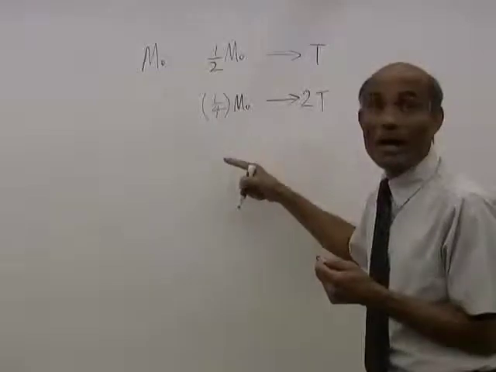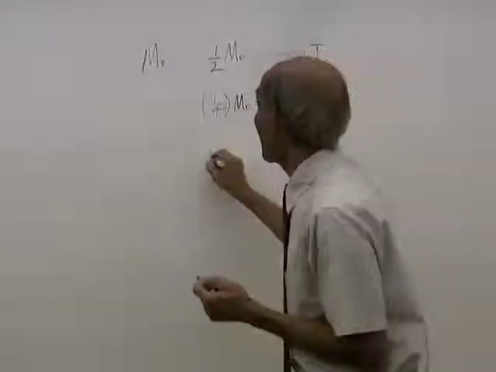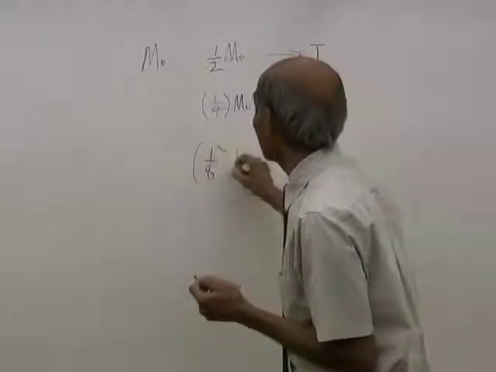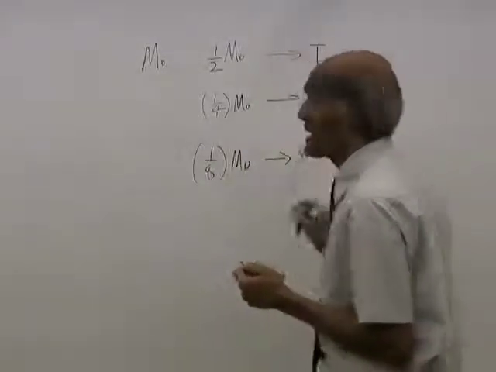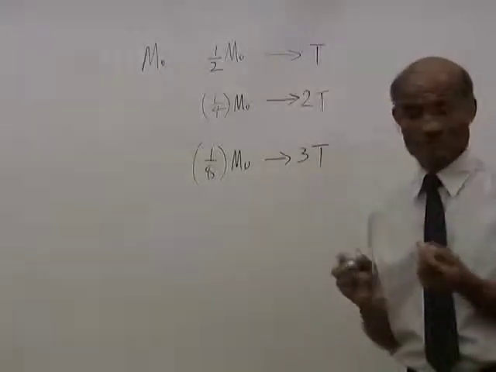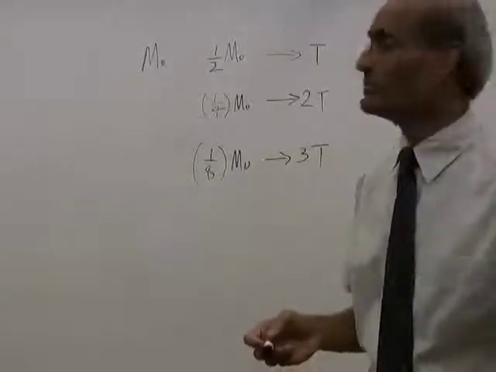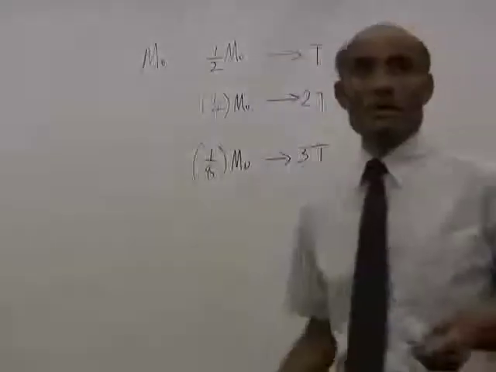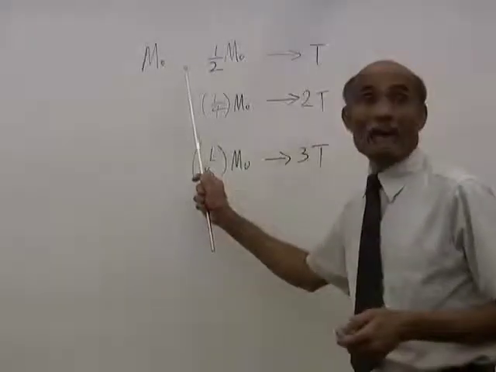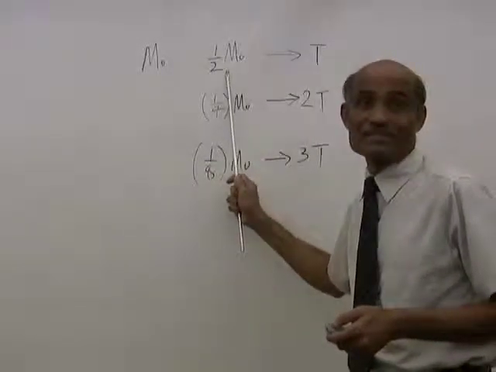Only one-half of this, which will be 1/8 of m0 after three half-lives. So after one half-life, 1/2 of m0 is left.